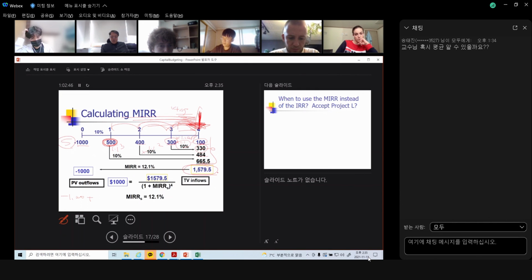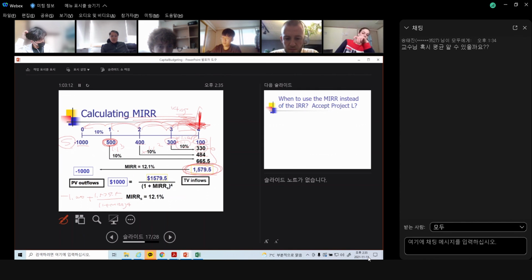So the cash flow at time 4 is 1,579.5 divided by 1 plus MIRR to the power of 4. So the basic logic is the same as the IRR, right? But the only difference between MIRR and IRR is what?